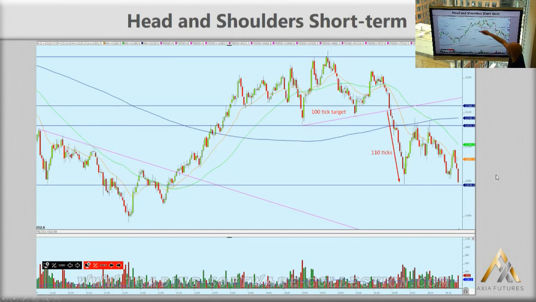You will sometimes get one that's got quite a distinct shoulder, head, and then the left shoulder will go like this, and then, sorry, the right shoulder, and then break lower. So for me, the width and symmetry of shoulders, I don't feel matters drastically.